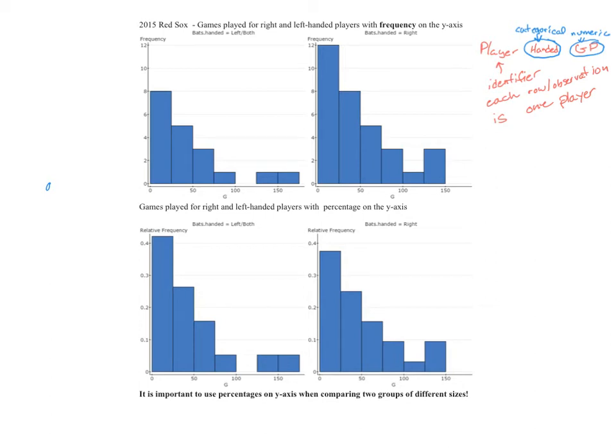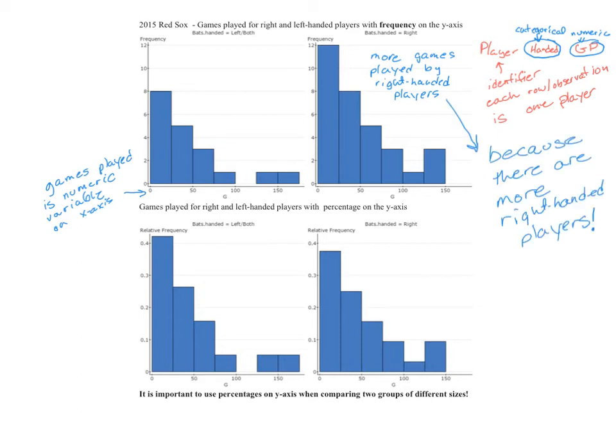So we can see here that there are a lot more games played by the right-handed players. So why is that? Are the right-handed players better? Is that why they play more games? No, it's because there are more right-handed players. So in the bottom two graphs, we have percentage on the y-axis.